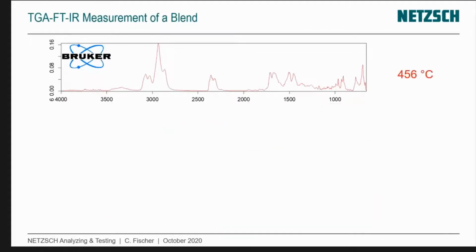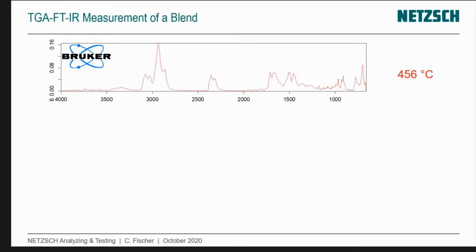The 2D spectrum at 456 degrees in red was extracted and compared to the NETZSCH database of polymers. This database consists of pyrolysis spectra of all common polymer classes.